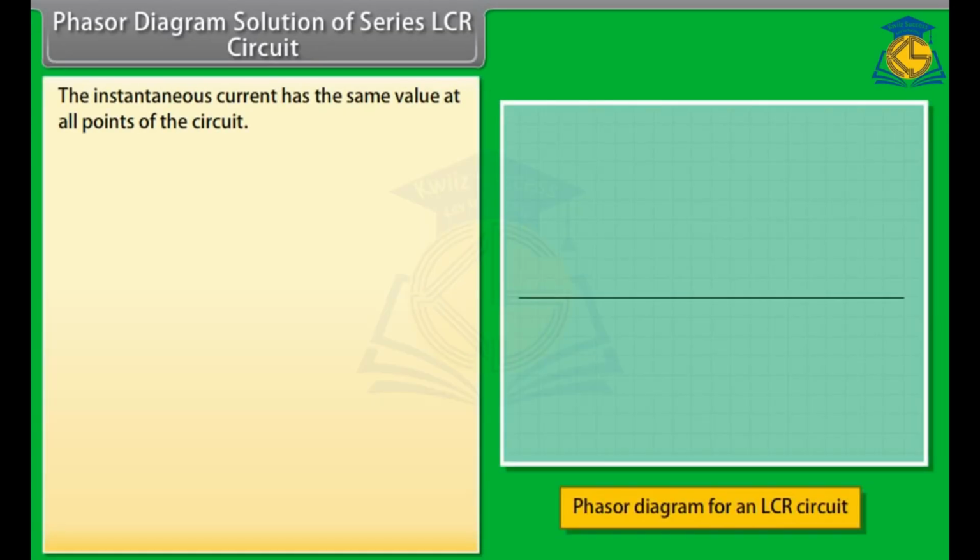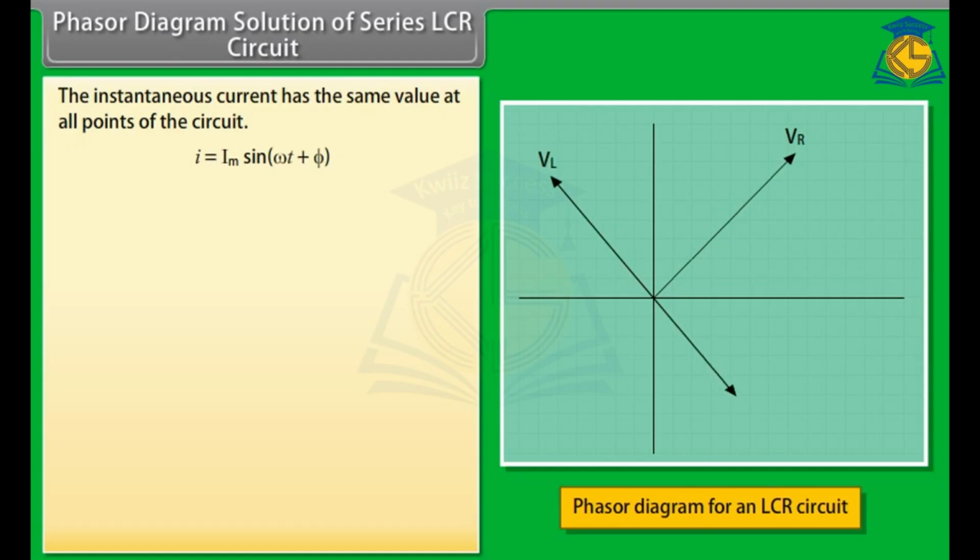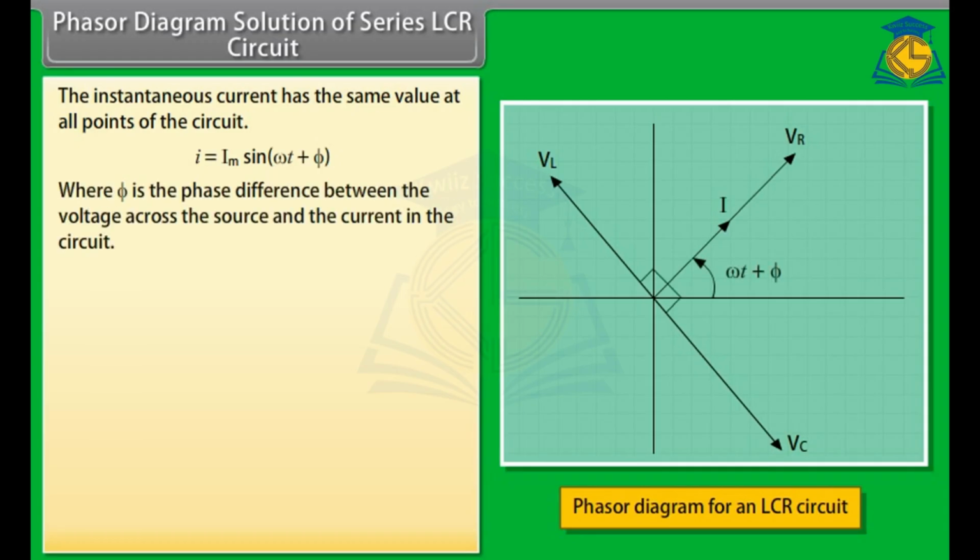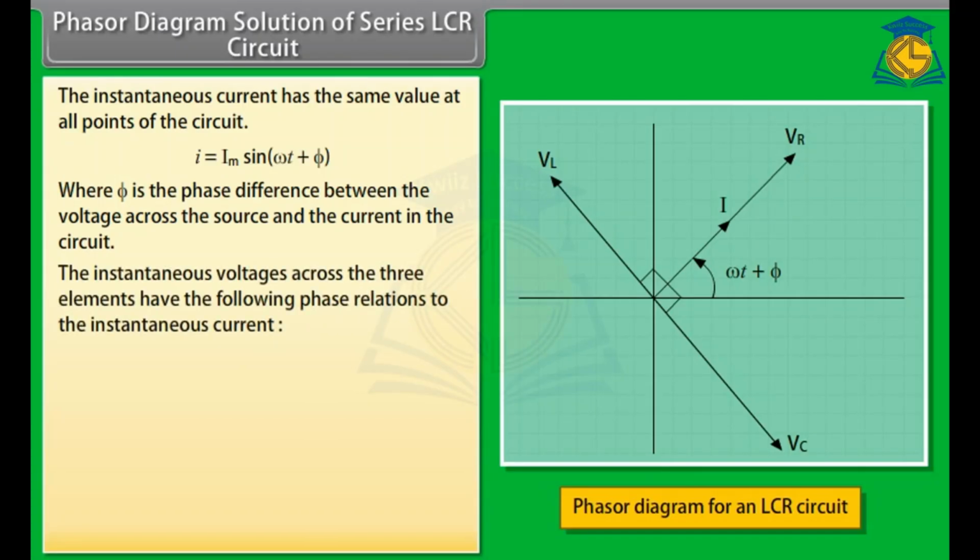Phasor diagram solution of series LCR circuit. The instantaneous current has the same value at all points of the circuit. I is equal to Im sin omega t plus phi, where phi is the phase difference between the voltage across the source and the current in the circuit. The instantaneous voltage across the three elements have the following phase relations to the instantaneous current.